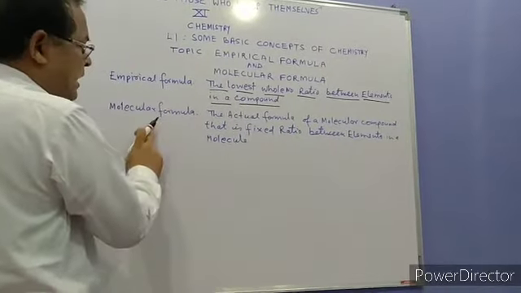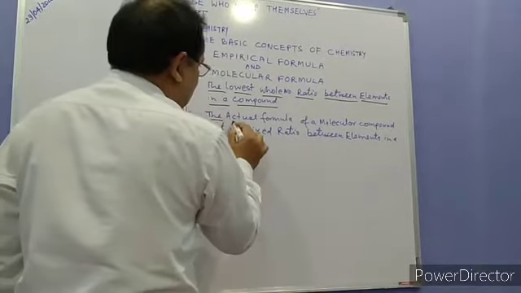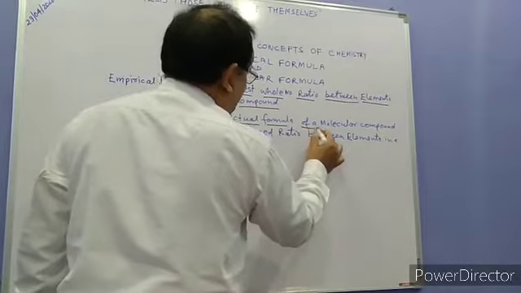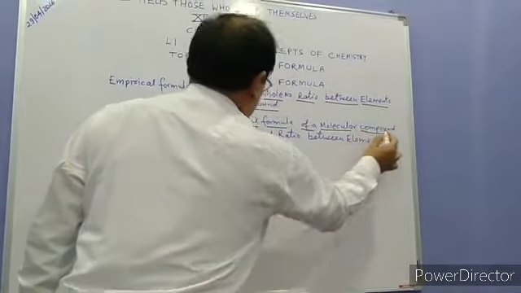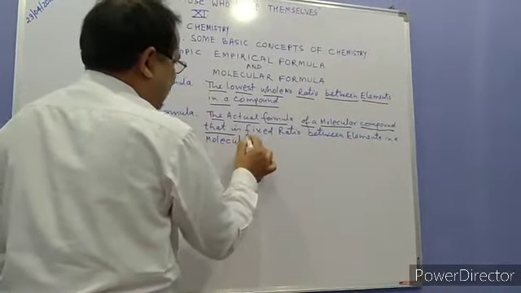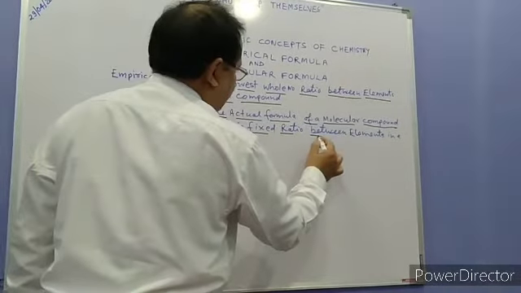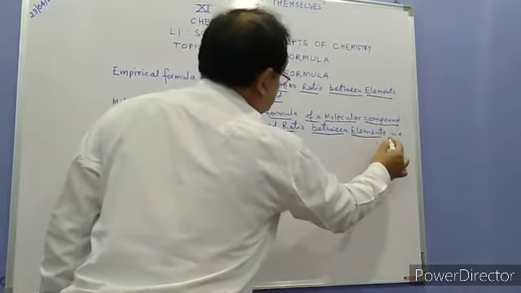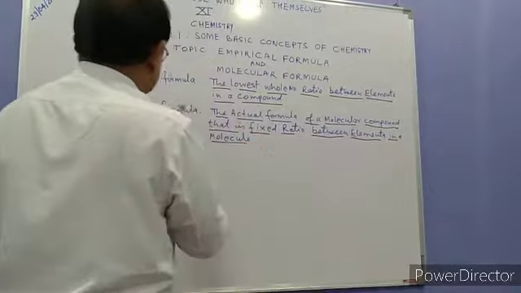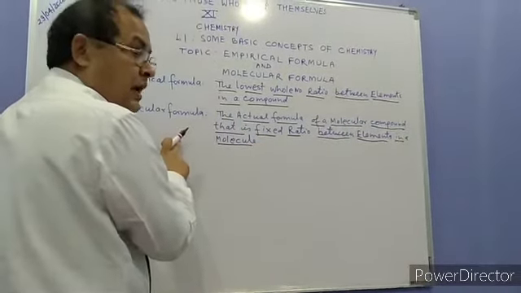Now molecular formula: the actual formula of a molecular compound, that is, the fixed ratio between elements in a molecule, is called the molecular formula.